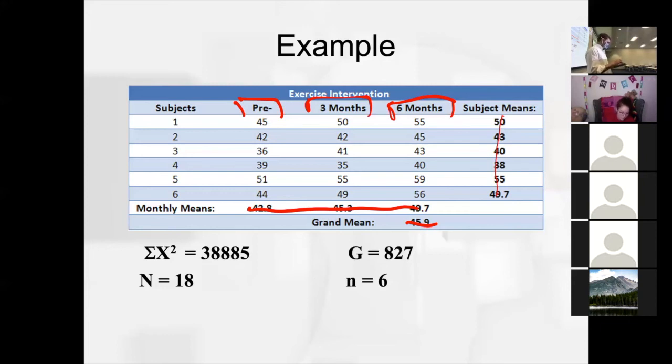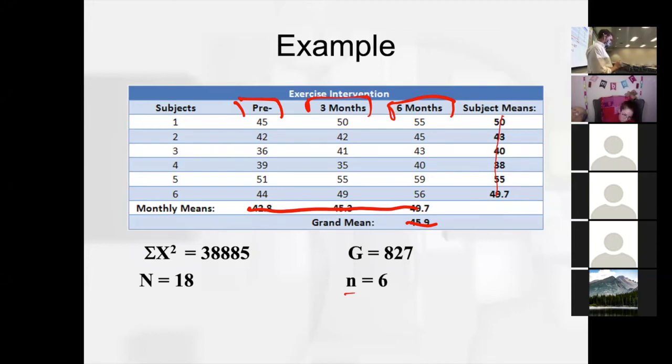All right, so we have N of 18, right? The number of observations I have for my exercise program test is 18. I've got 6 subjects, and I measure them 3 times. My lowercase n, so the number of subjects I have is 6.